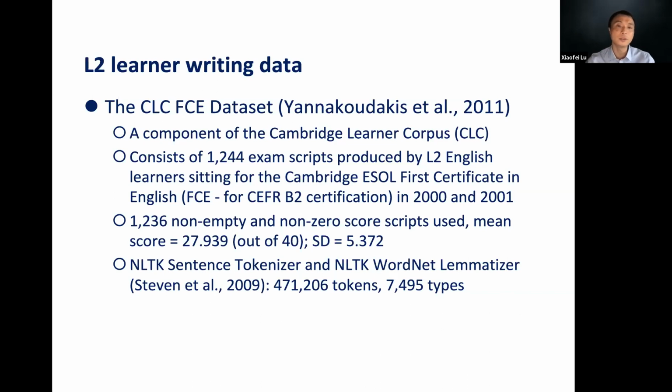The reason for using it is that it has been reliably graded, so we don't have to worry about reliability in the holistic ratings. Also, this was a high-stakes test, so it's a good data set to use for this kind of purpose. But obviously, we want to apply our method to other data sets too.